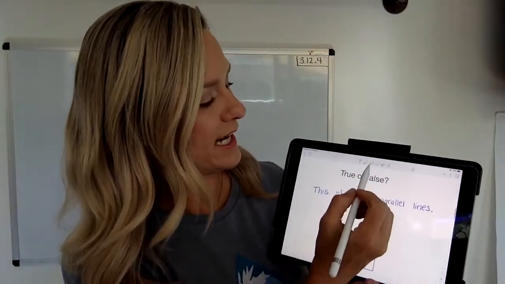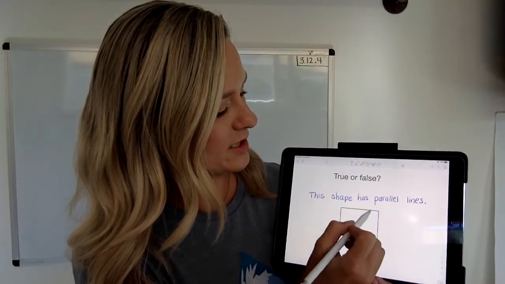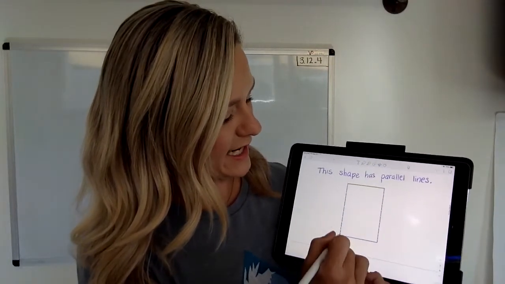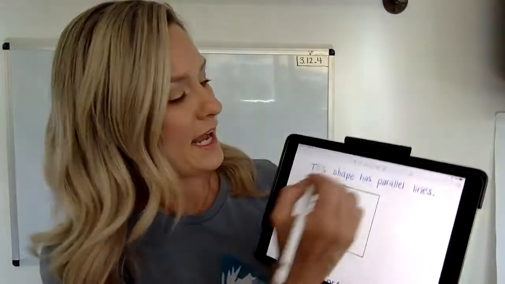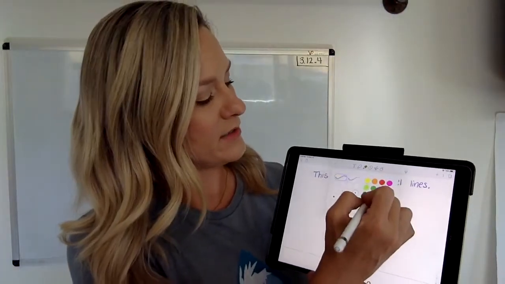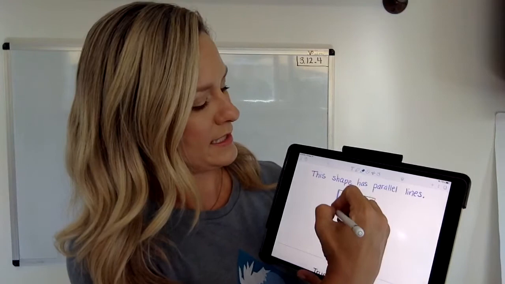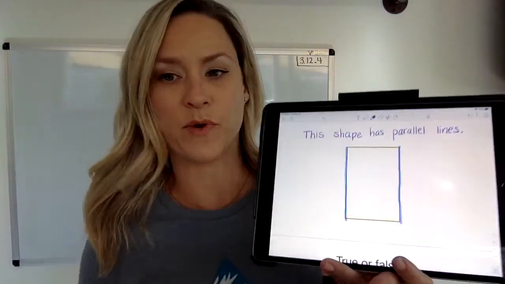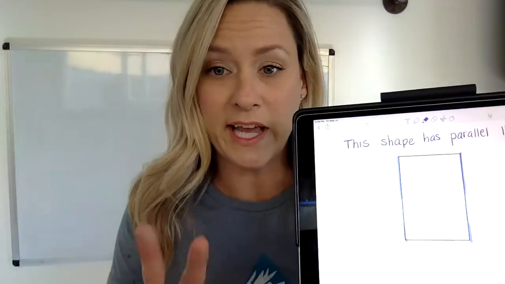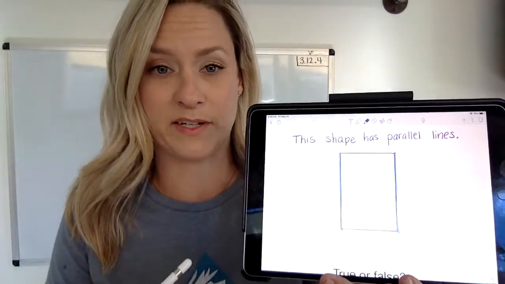So this side and this side are parallel to one another. And then let me change my color here. We'll do blue. This side and this side are parallel to one another. So this shape actually has two sets of parallel lines.